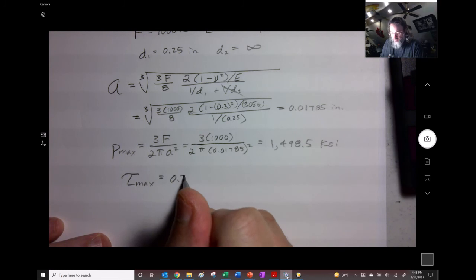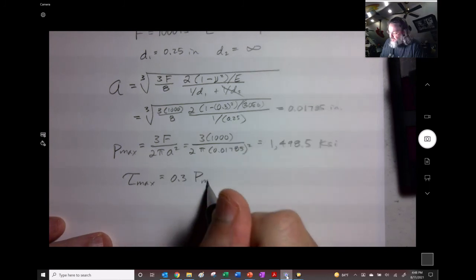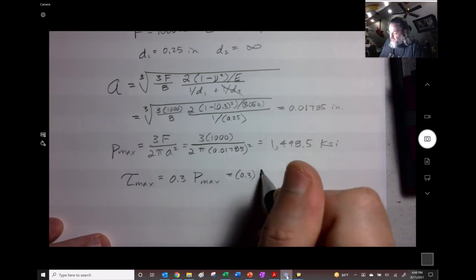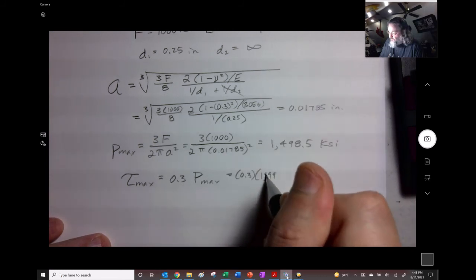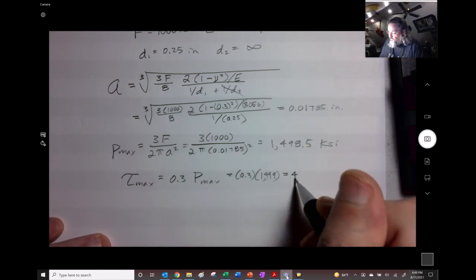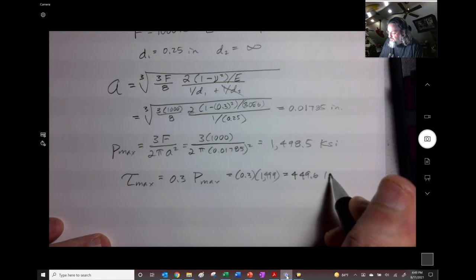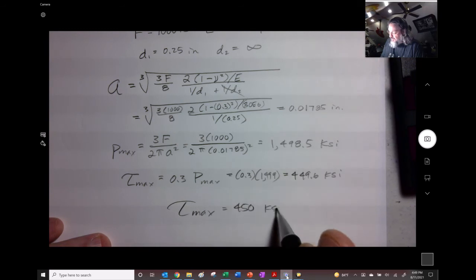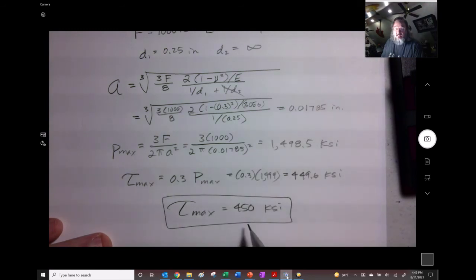So 0.3 times 1,498.5, and we get 449.6 ksi. So tau max is equal to 450 ksi, and they told us the yield strength was 50 ksi.